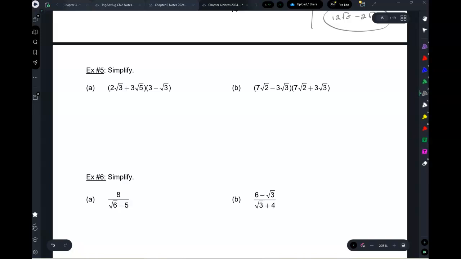This one, simplify, means we have to multiply this out. So first, outer, inner, last. Okay, let's go ahead and do that. First terms, that's going to be 6 root 3.